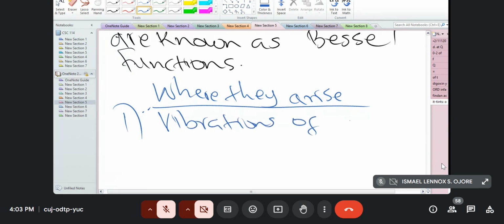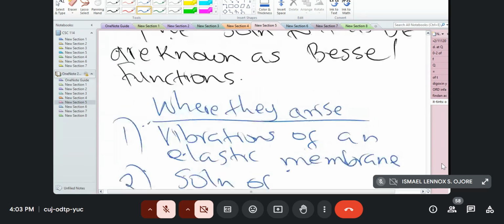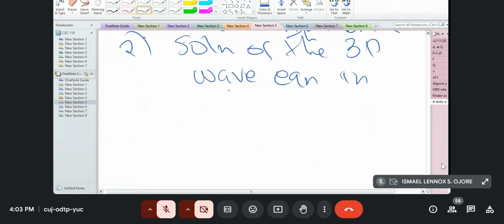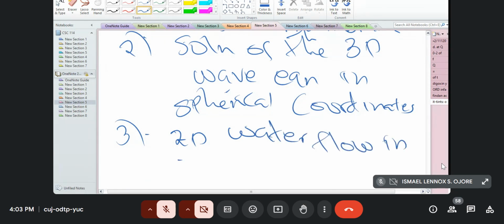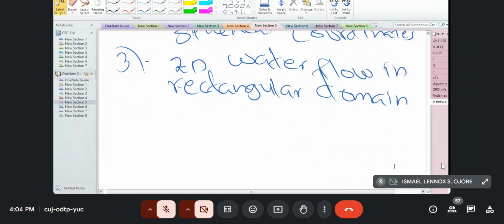Vibrations of an elastic membrane, solution of the 3D wave equation in spherical coordinates, we also have 2D water flow in rectangular domain, we've also seen it arises from solution of the 3D Laplace equation in cylindrical coordinates and so on, but this is inconsequential.